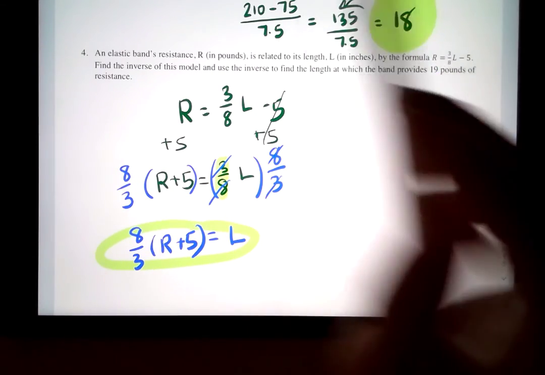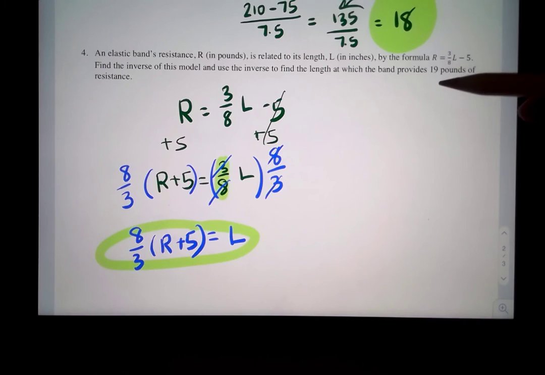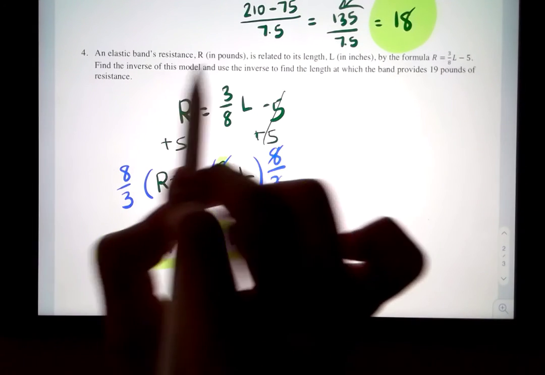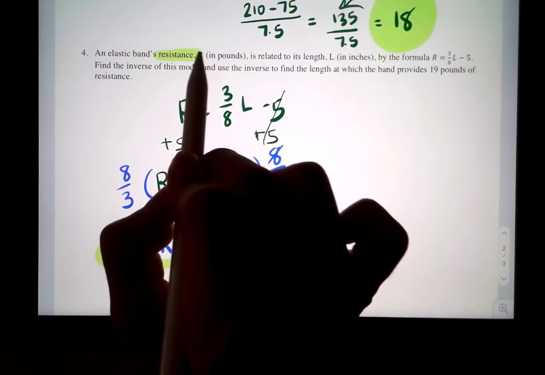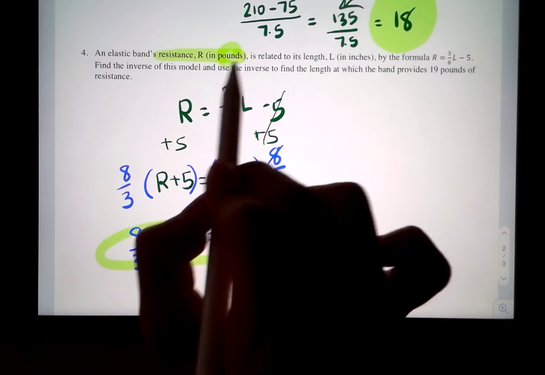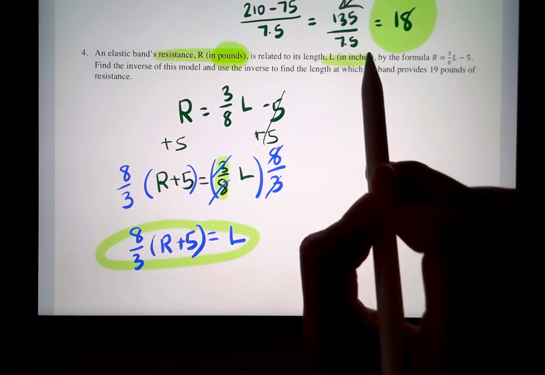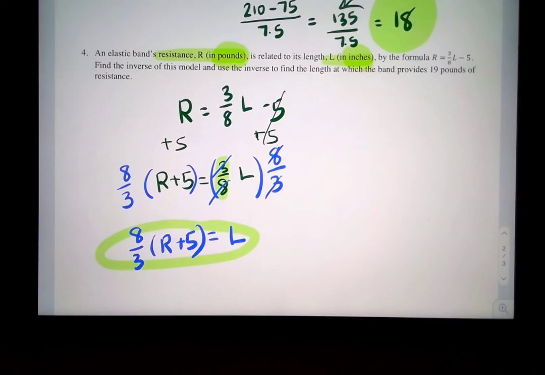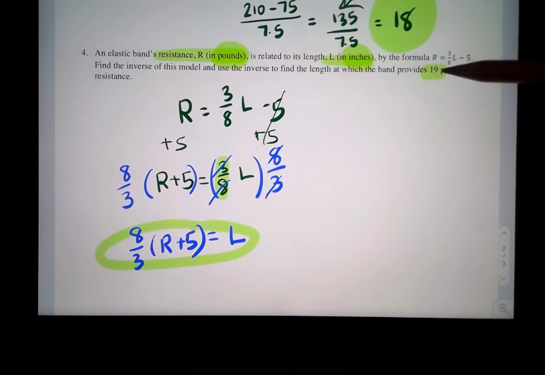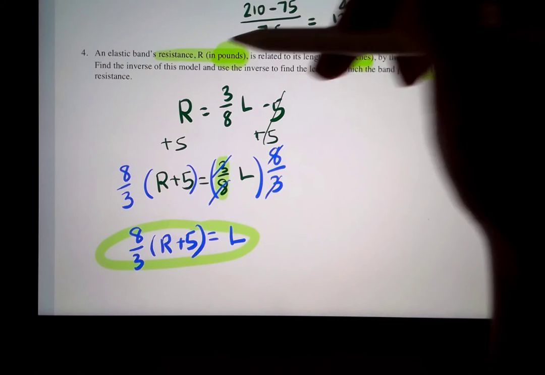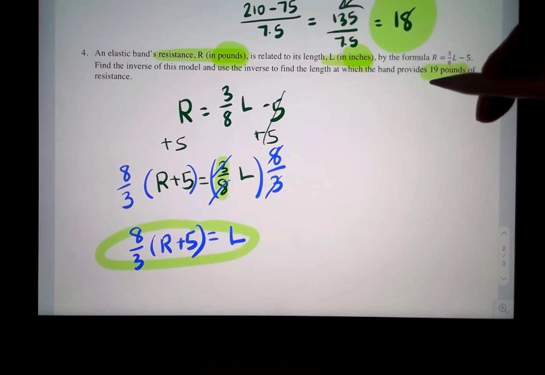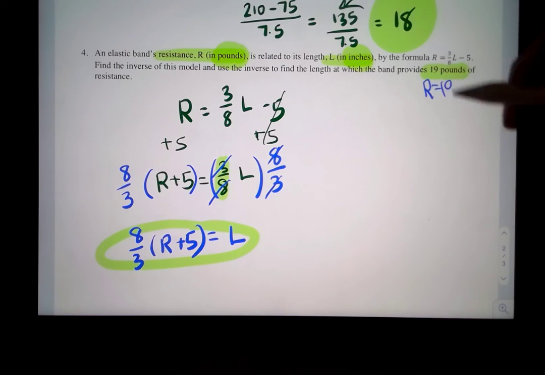And the question asks you, look, R is what? In pounds. You see this? Pounds, that's R. L is inches. So you can get some hint from the units. This is 19 pounds, right? Then they just compare the units. The 19 pounds is supposed to be R, so R is 19.